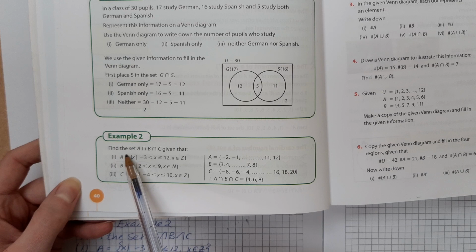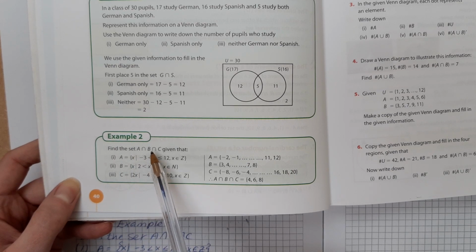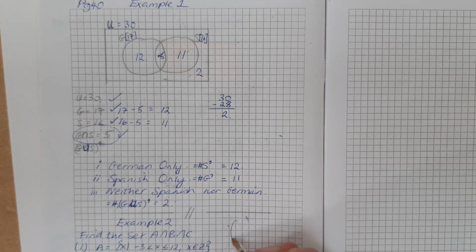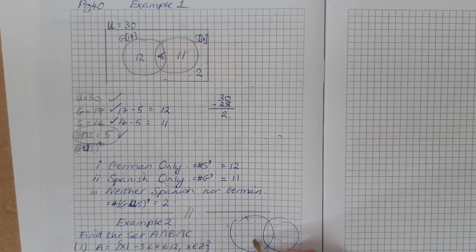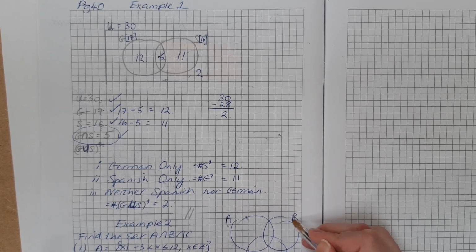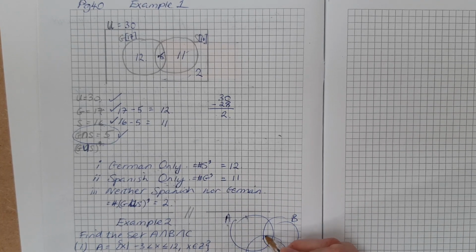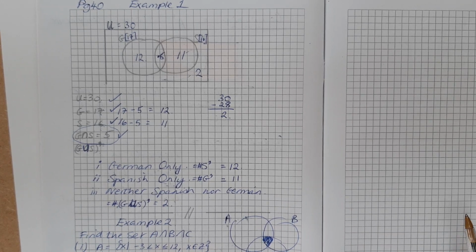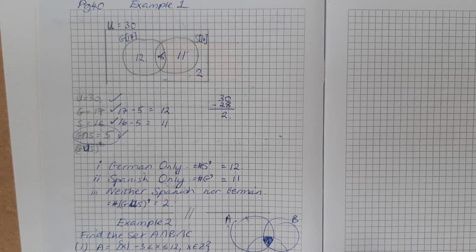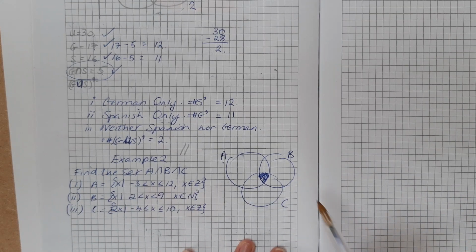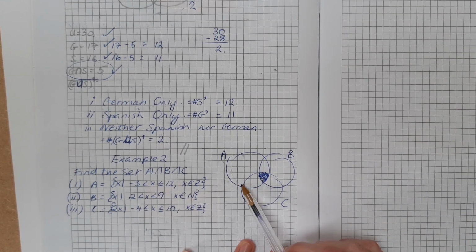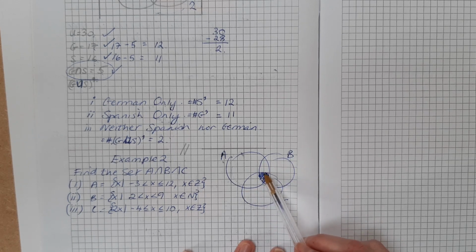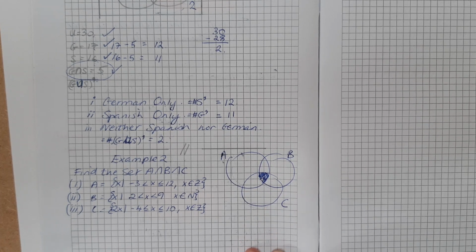I need to find a set of A intersection B intersection C. What that really means is, if you have 3 Venn diagrams intersecting A, B, and C, you're looking for the bit in the middle of the numbers that intersect all 3 sets. That's what you're looking for in the diagram. Okay, so you have 3 different Venn diagrams, and it's the intersection of A, intersection B, intersection C. So where the 3 of them cross over, that little bit in the middle.